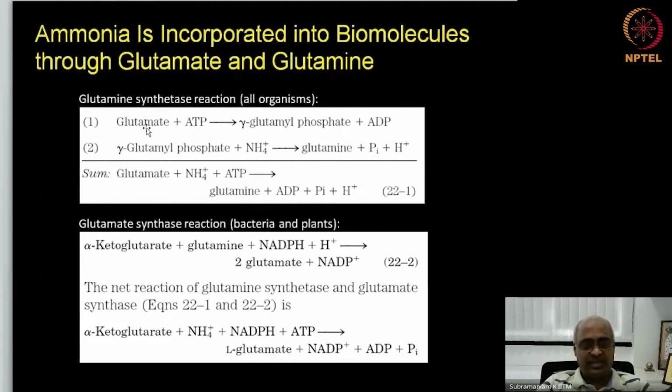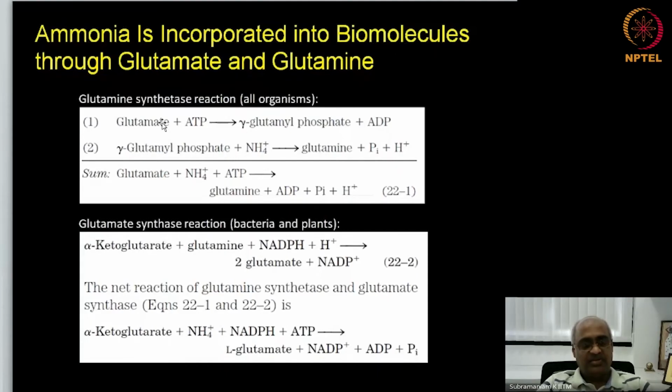So the first reaction: all the amino groups in your amino acids and the nitrogen in other molecules, they all entered at one point of time into glutamic acid, okay, glutamate. This is an amino acid.